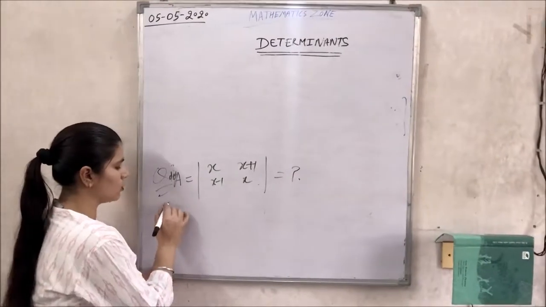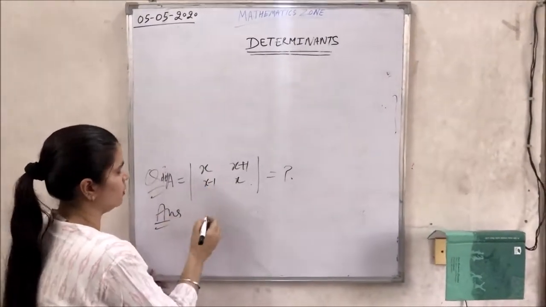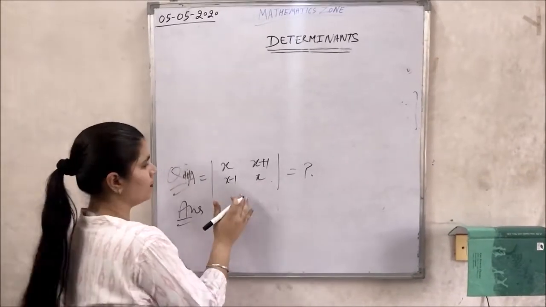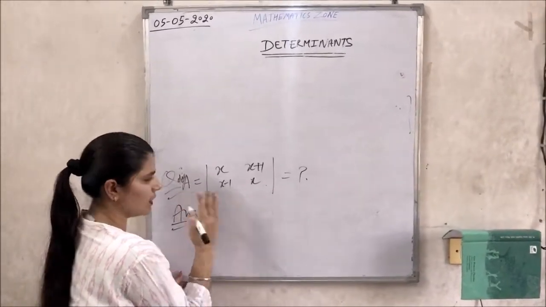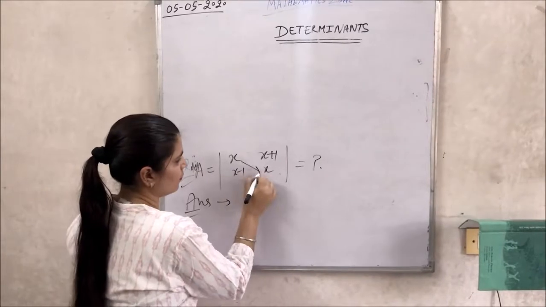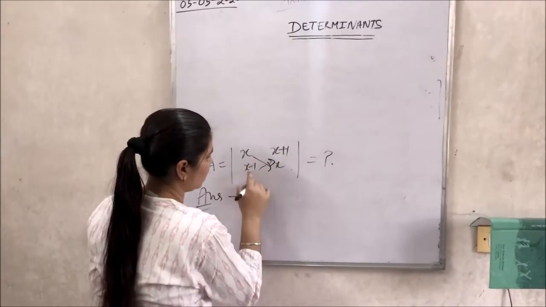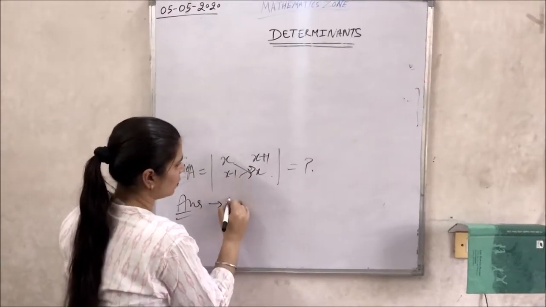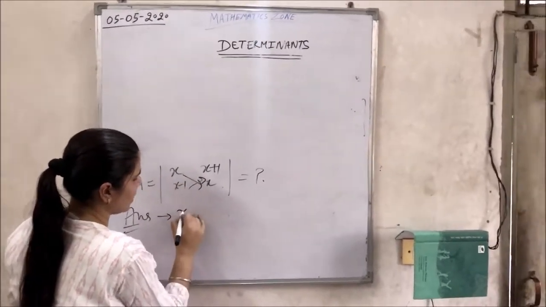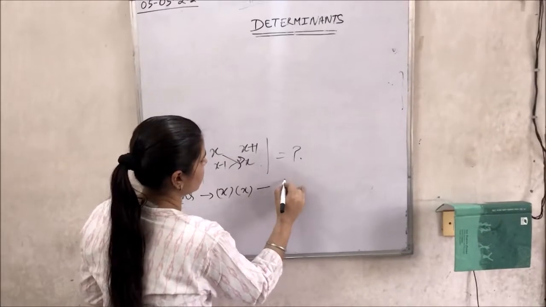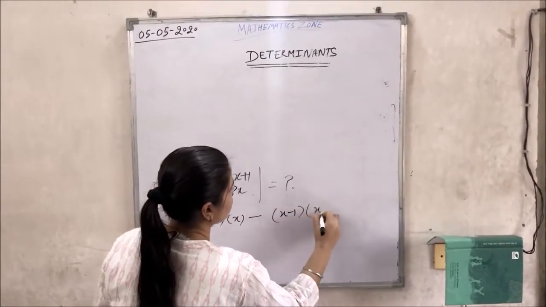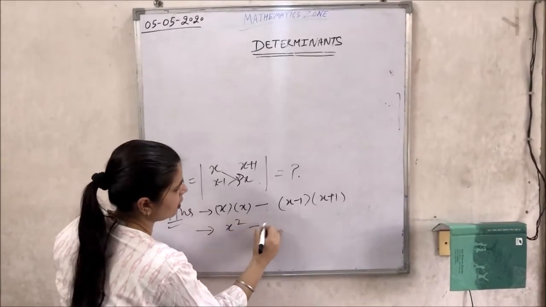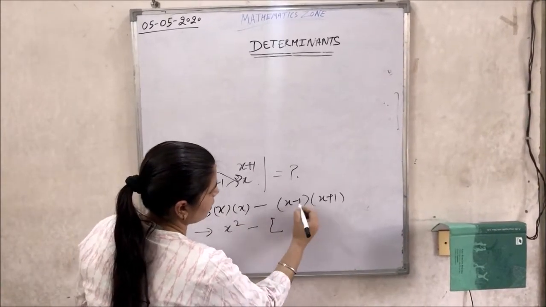Here is another question. This is a determinant of second order, and in a similar method we can solve it. This is x plus 1, x minus 1 and x. So x multiplied by x, minus (x minus 1) into (x plus 1). x into x is x square, minus x.